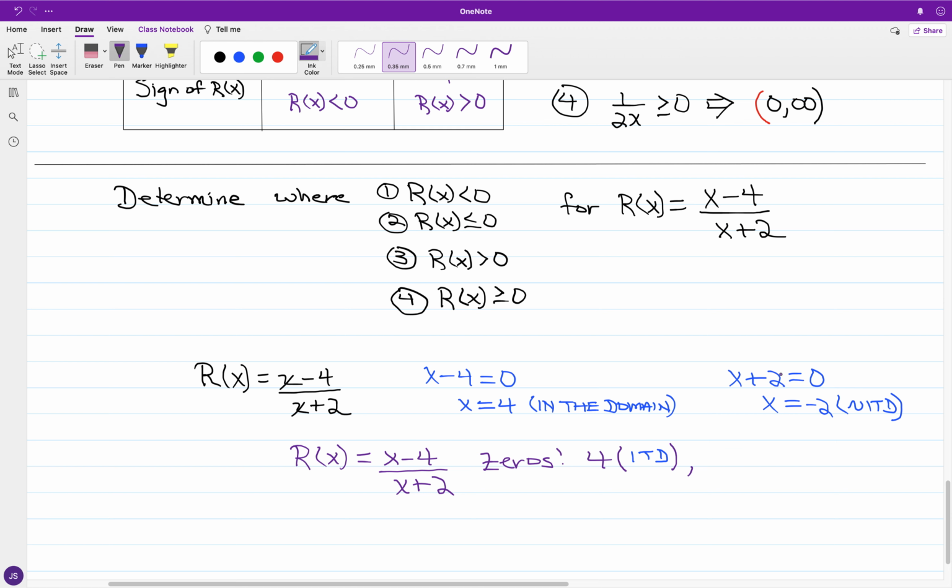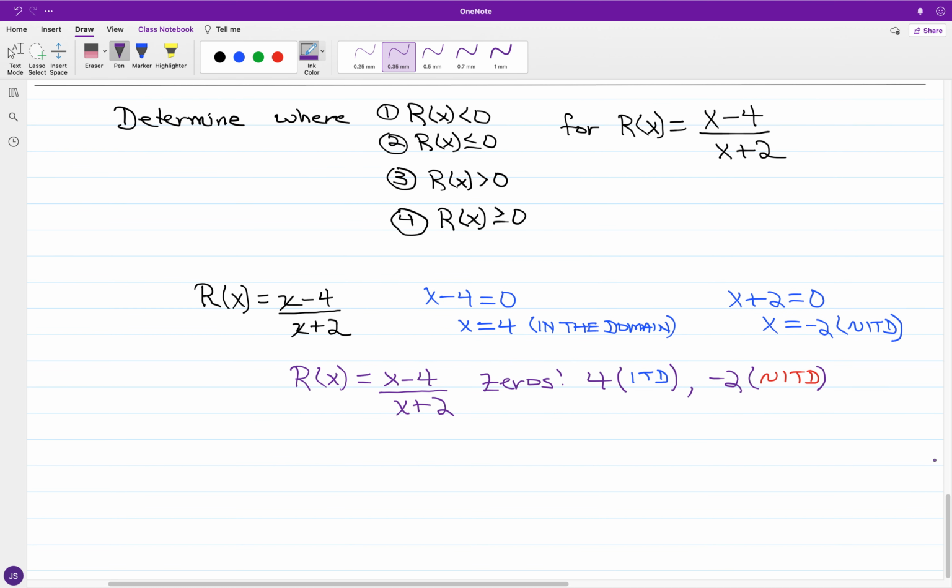And negative 2 stems from x plus 2, which was in the denominator, so that value is not in the domain.